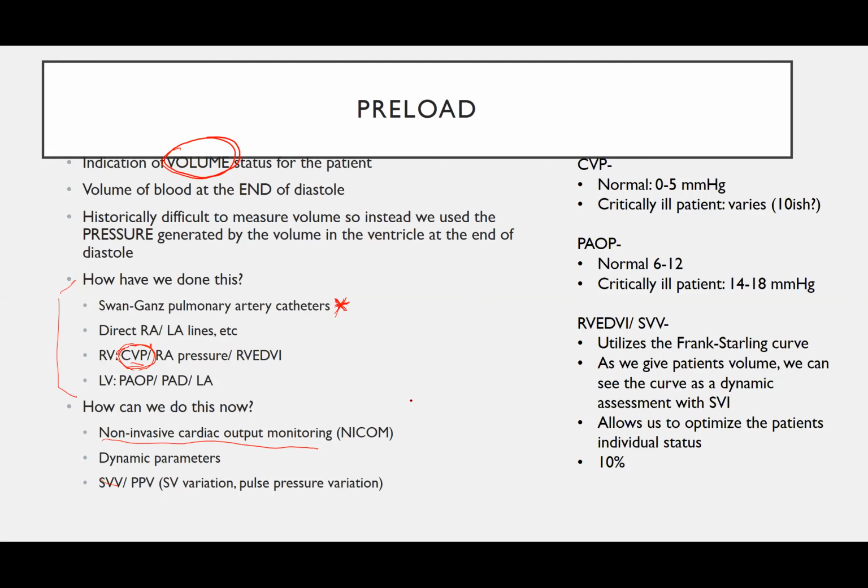So in that case, oftentimes what I may be reading is going to be inaccurate, trying to read, say, in a left radial artery, what's happening in my left ventricle, especially in patients who are on very, very high vasopressors.